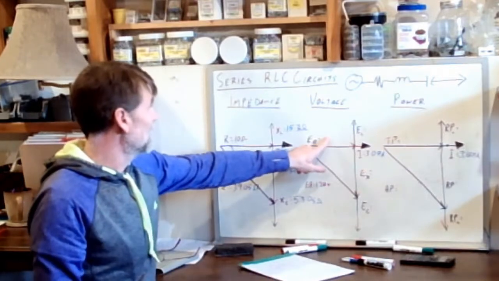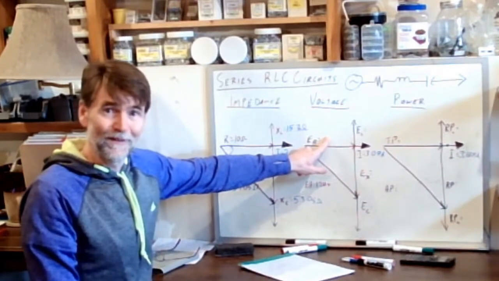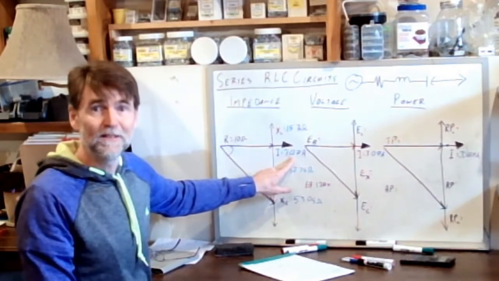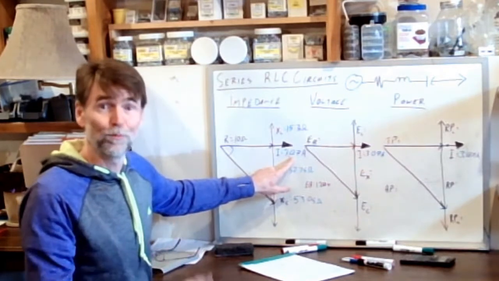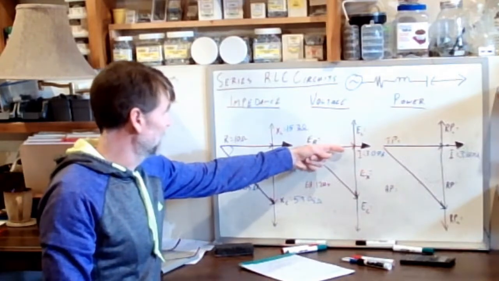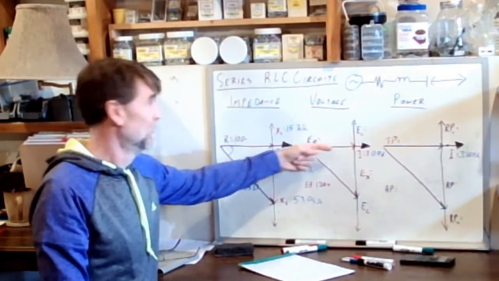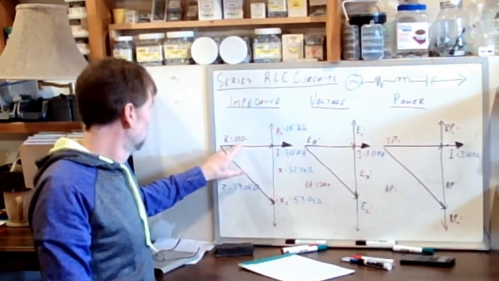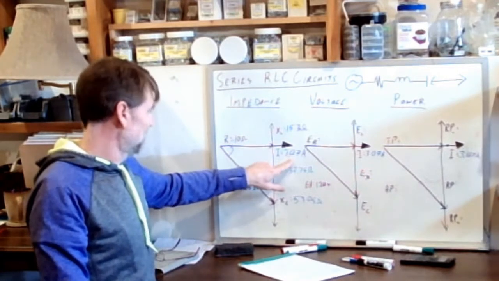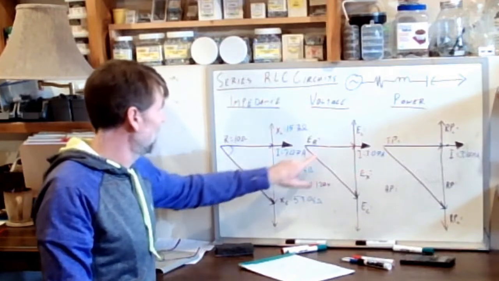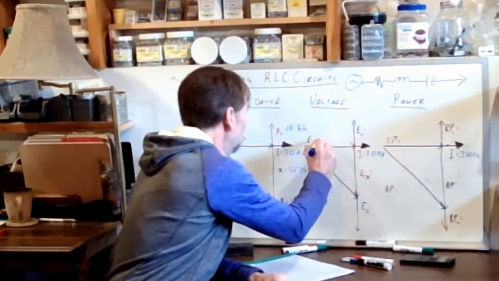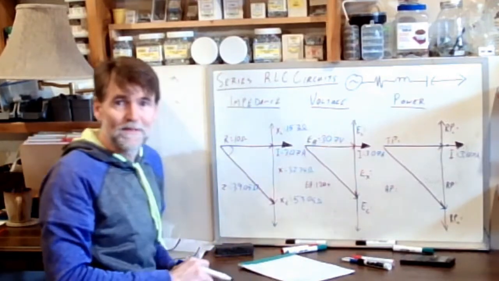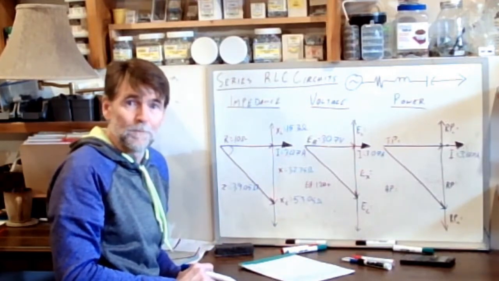Again, Ohm's law, if we're calculating for E, we need to know I, and we do, and we need to have an impedance value and the appropriate one. Well, we're calculating for the voltage drop across the resistor, so it is going to be the resistance number that we're going to be using. So, 10 ohms multiplied by 3.07 amps equals 30.7 volts. There it is right there.